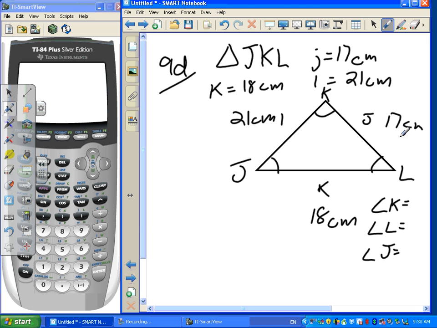Now, the only way to solve this, if I have all three sides of a triangle, and from the looks of it, it's probably not a 90-degree triangle, what do I use? Cosine. Make sure you guys know this for tomorrow.